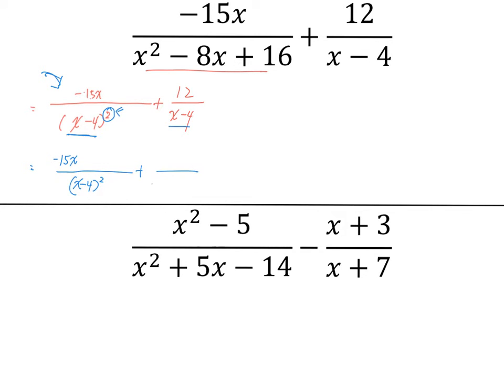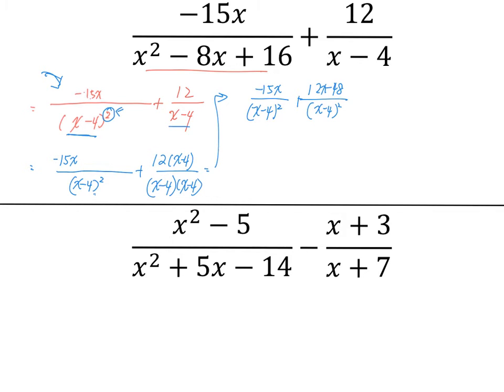As for the next one, you need to multiply by another binomial of x minus 4 because we want to make the denominators the same, basically. So this will be 12x minus 48 over x minus 4 squared.